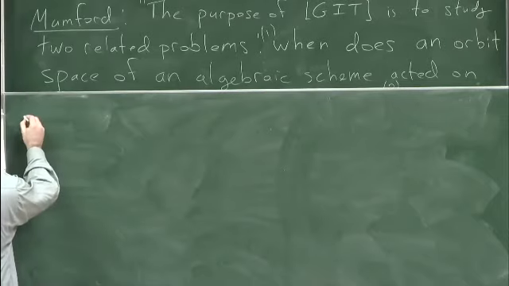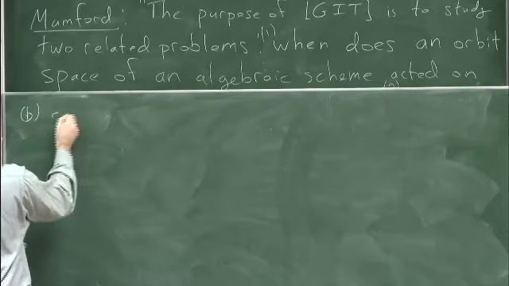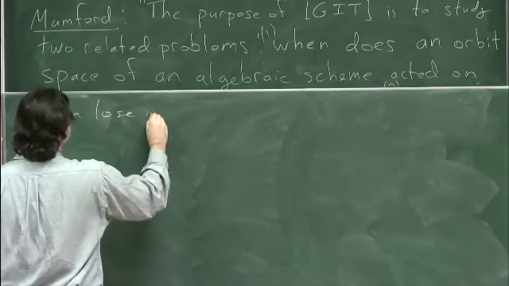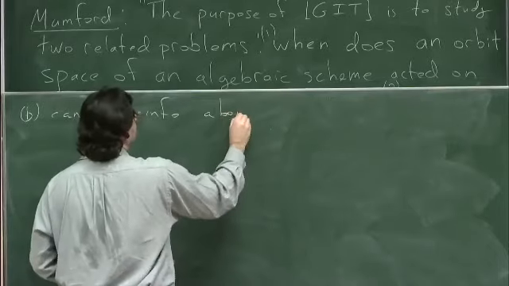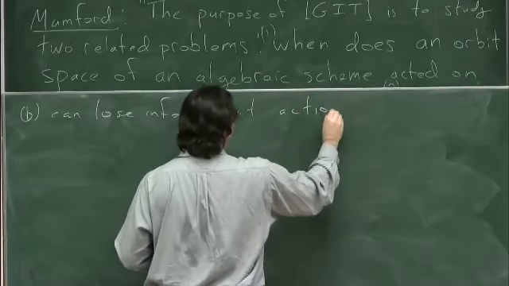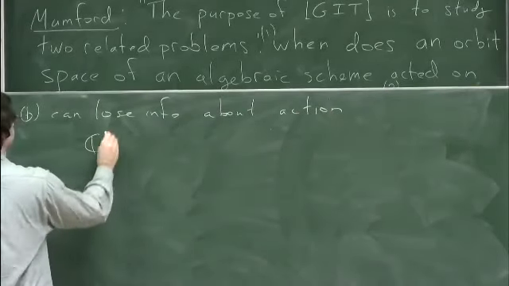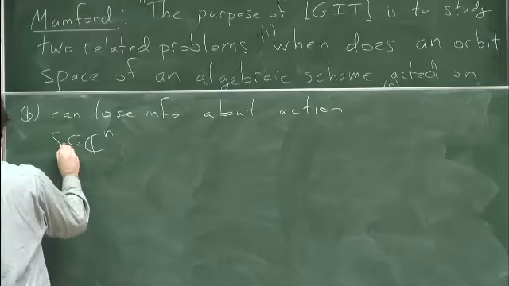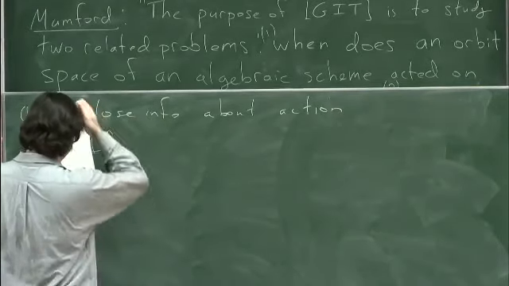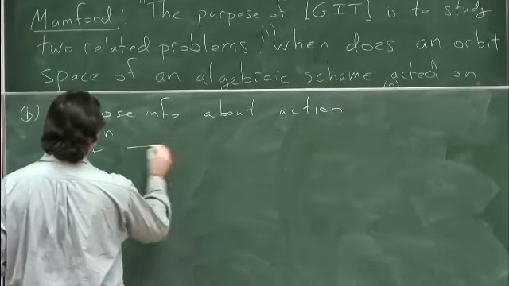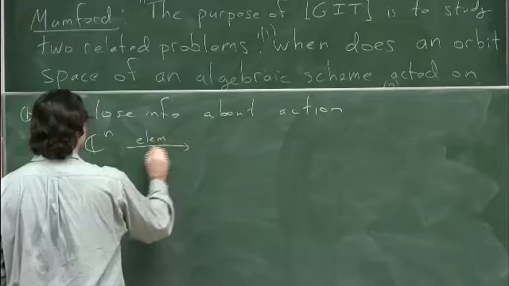So for instance, we can consider C^n with a symmetric group action permuting the variables and the map given by elementary symmetric polynomials.